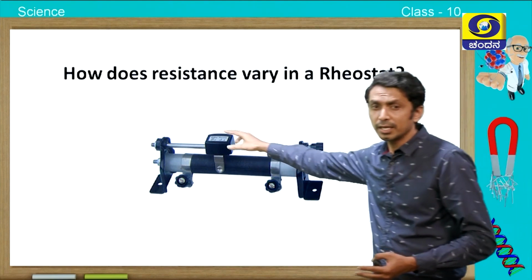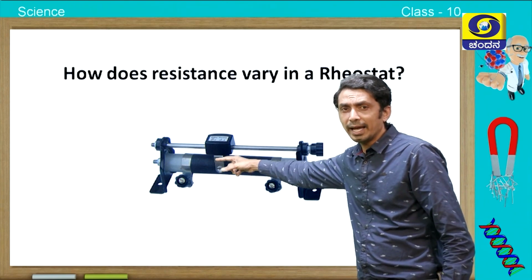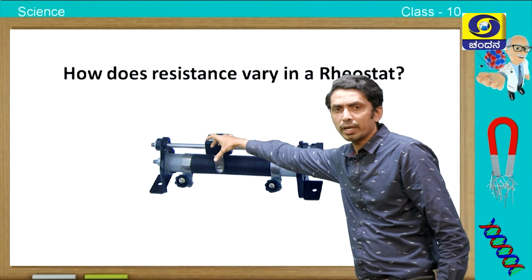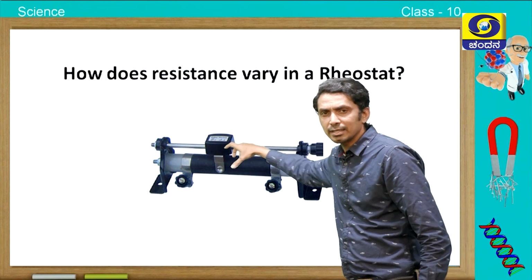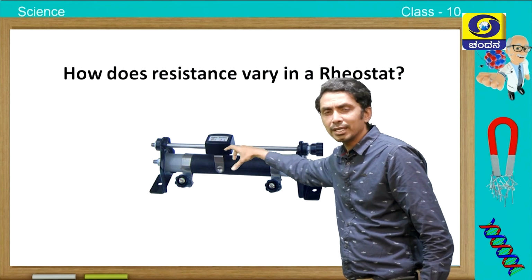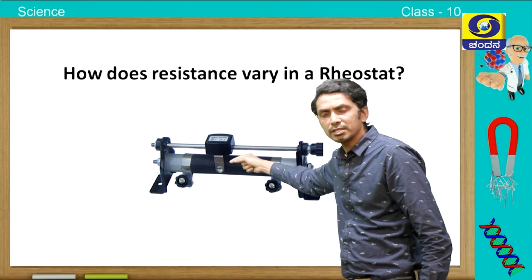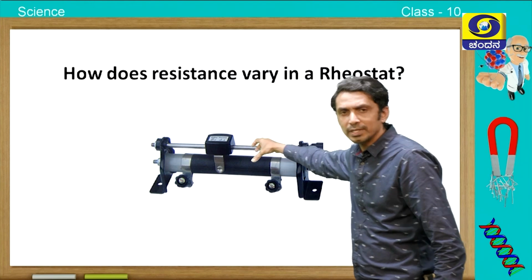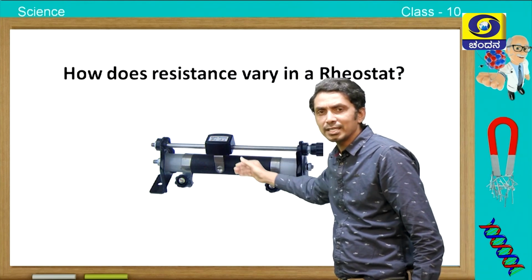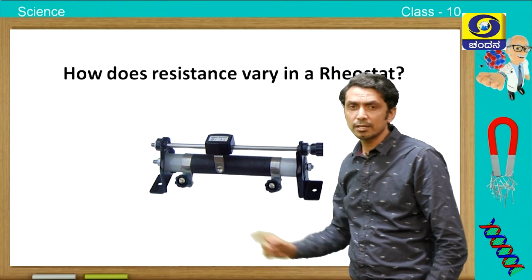If you can see here, there is a wire which is wound around this, and here we choose the two ends through this connector. If we move the connector like this, then we are increasing the length, because if we increase the number of turns, that means we are increasing the length of the wire. So when we slide the rheostat, we are increasing the length of the wire through which the electric current is flowing.